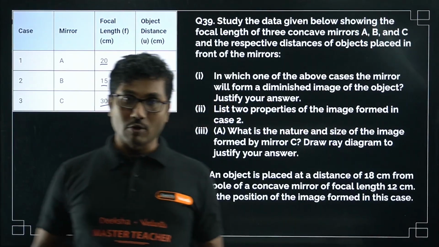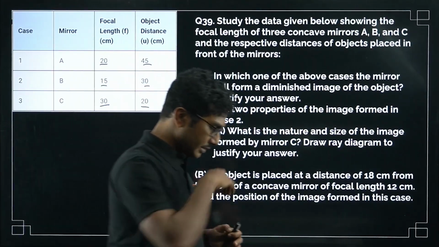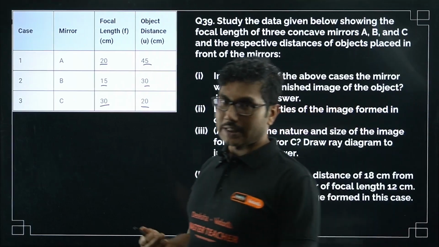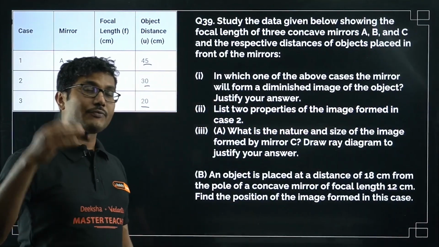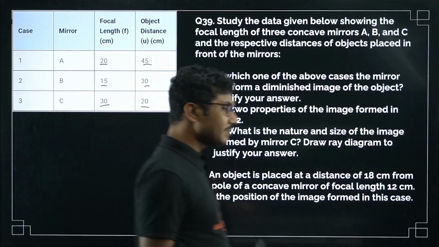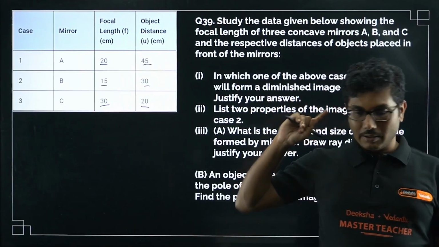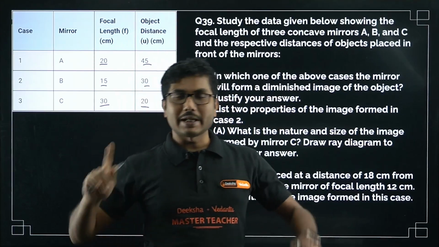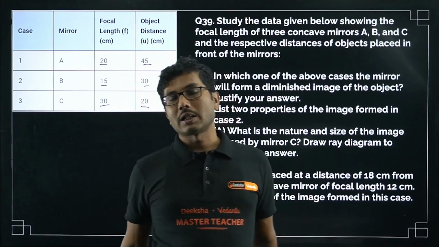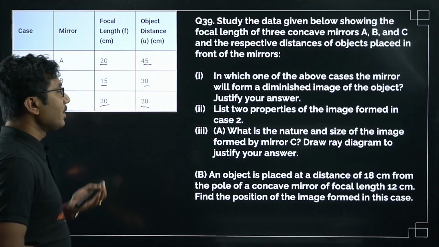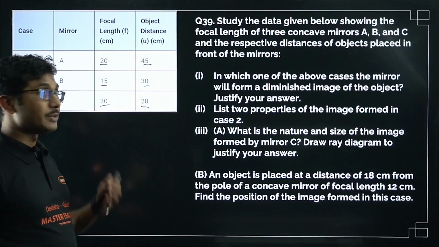A concave mirror can form all 3 types of images: enlarged, diminished, and the same size as the object. Also it can form real as well as virtual images. In case of a convex mirror, only a virtual image is possible, and that is always smaller than the object. But in case of a concave mirror, all possibilities are there.